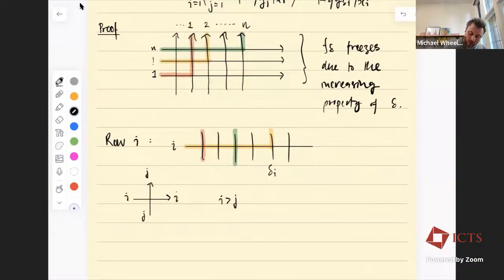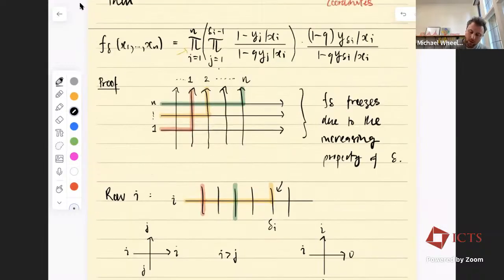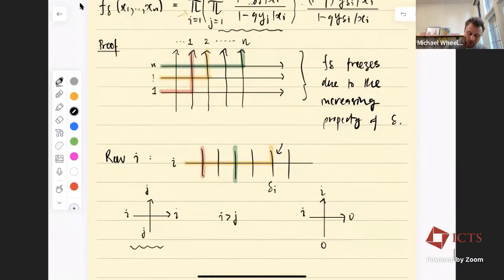So yeah, just to remark that this row i of the lattice, all of the vertices will have either this form here, whose weight you can compute, or it will be basically of the form of the final vertex here, where you have i and 0. And working out those weights explicitly, you will see exactly this factor here. So this is basically the product of vertices of this form.